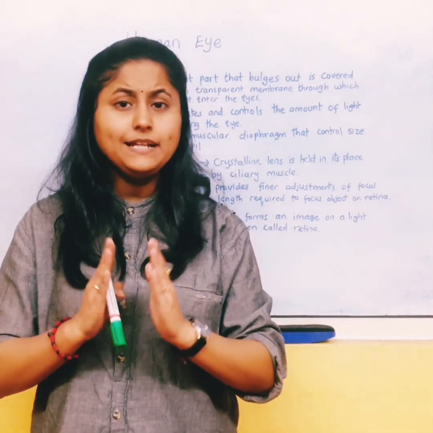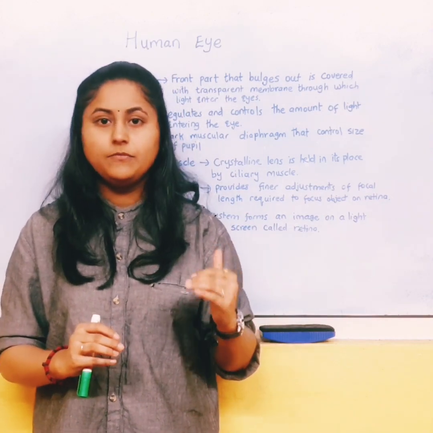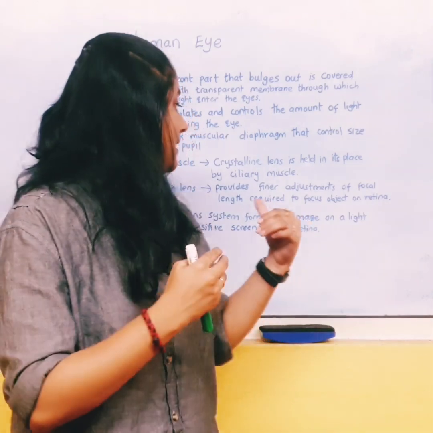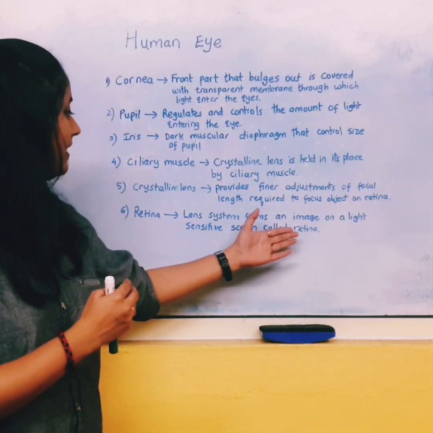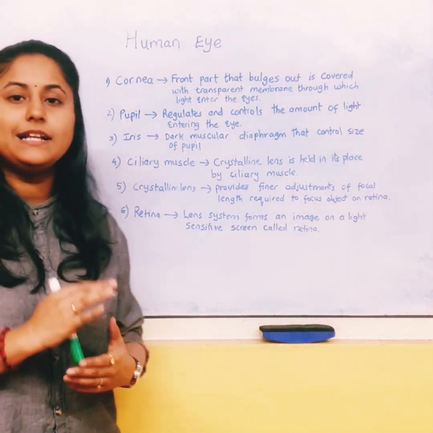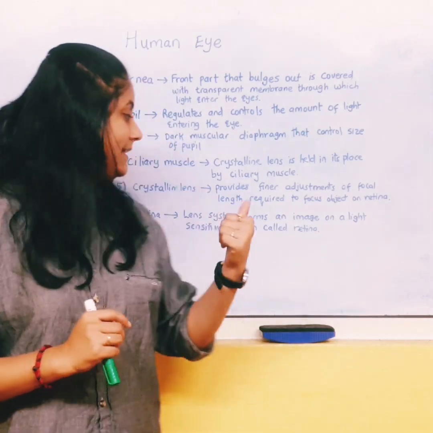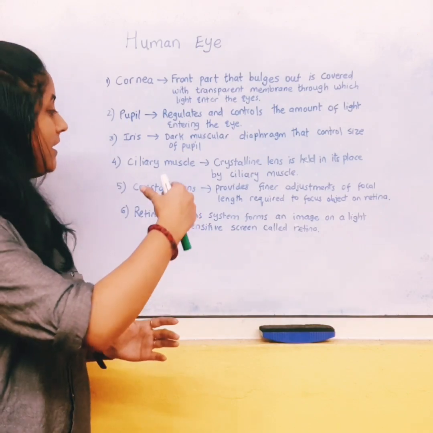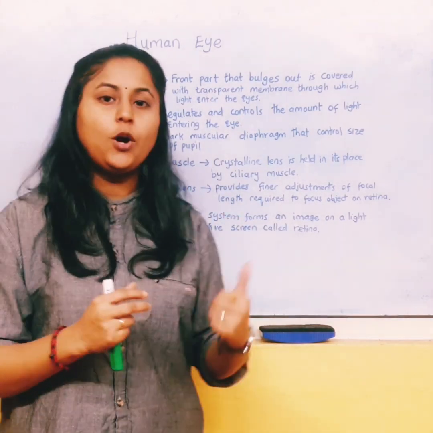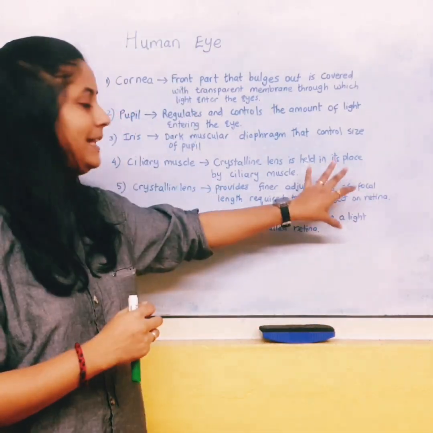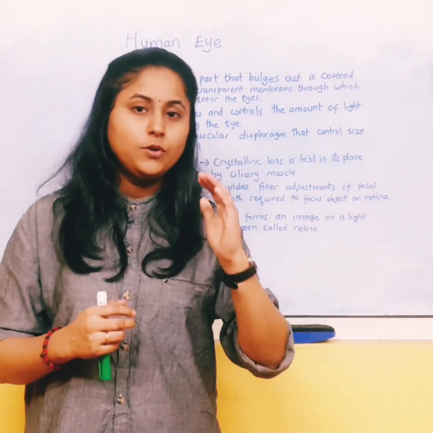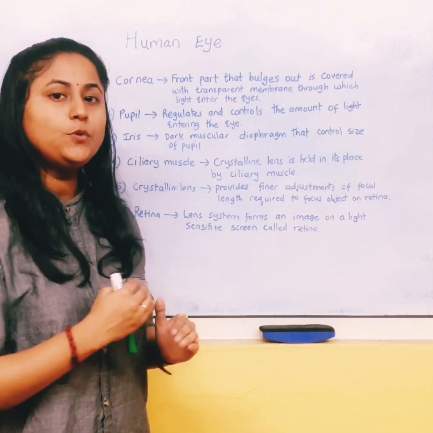The retina converts the light energy into electrical energy, and this electrical energy is transferred to the brain through optical nerves which we saw in that diagram. The optical nerves connect to the brain so that the signals are sent to the brain.